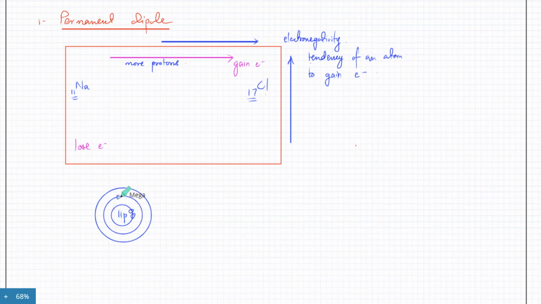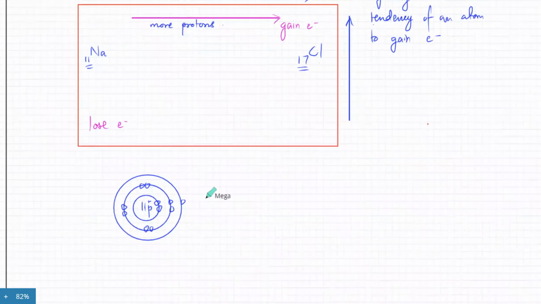So this is 2, 8, and 1. Remember, the nucleus has just 11 protons.